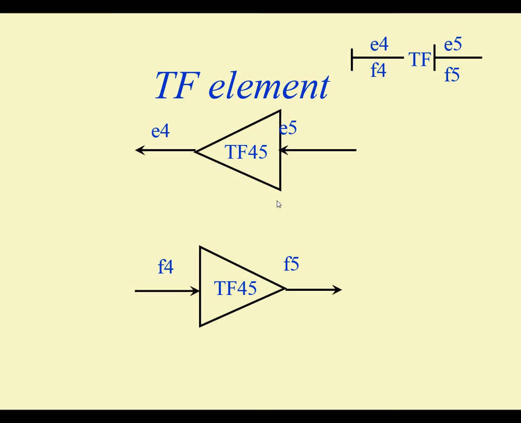This is another illustration of what it would be in a block diagram, and the picture on the right-hand side is the block diagram. The way you read it, if we read it from here to there: what's the input? It is F4.